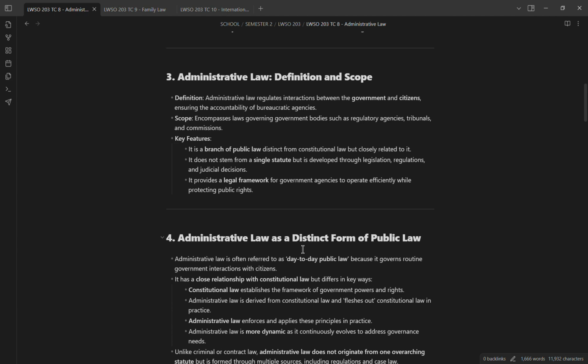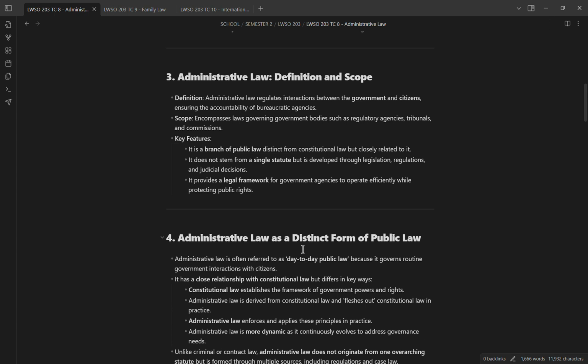It encompasses laws governing government bodies such as regulatory agencies, tribunals, and commissions. It is a branch of public law distinct from constitutional law but closely related to it. It does not stem from a single statute, but is developed through legislation, regulation, and judicial decision, and it provides a legal framework for governing agencies to operate efficiently while protecting public rights.